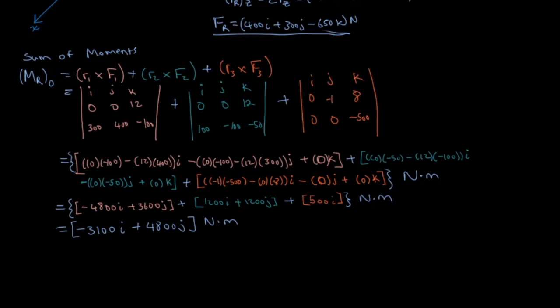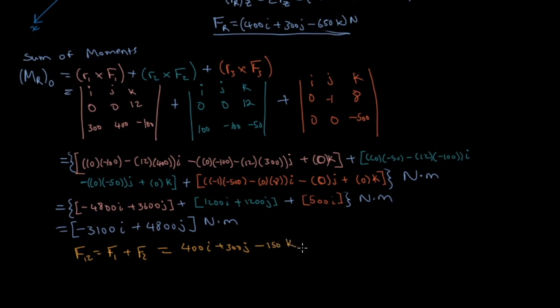We'll say F12 is equal to F1 plus F2, which would give us, if we just add up these vectors, 300i, 400j, 100k, and this vector here, we would get 400i plus 300j minus 150k.